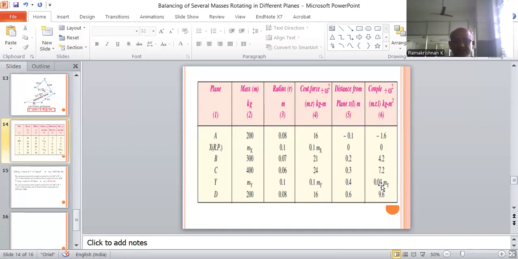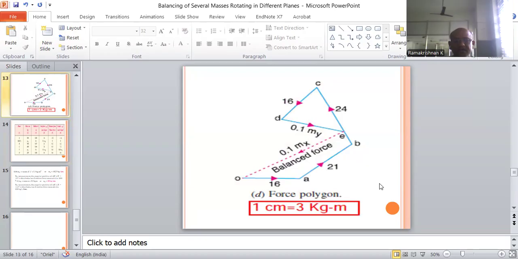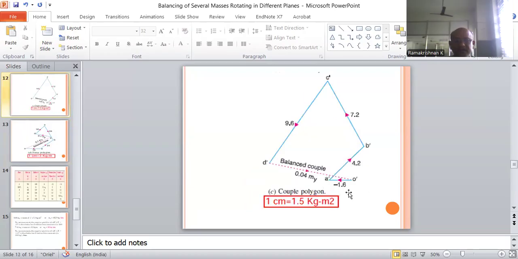So now let us start with the couple polygon. As the first plane's couple value is negative, we have to draw inwards O dash A dash in the opposite direction with the value of minus 1.6.